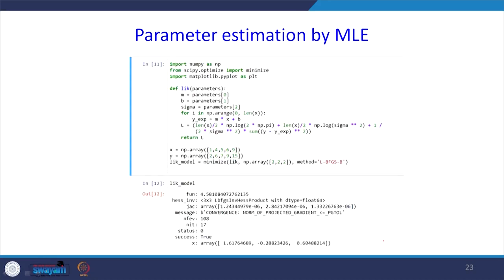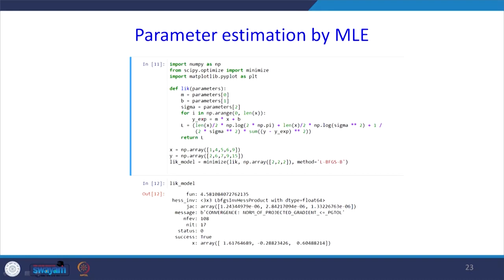This was the code for parameter estimation for regression equations with the help of maximum likelihood estimation. Import numpy as NP, from scipy.optimize import minimize, import matplotlib.pyplot as PLT. I am defining a function that is going to give you a likelihood function, LIK, with parameters: M is the slope, B is the y intercept, sigma is the standard deviation of the error term.